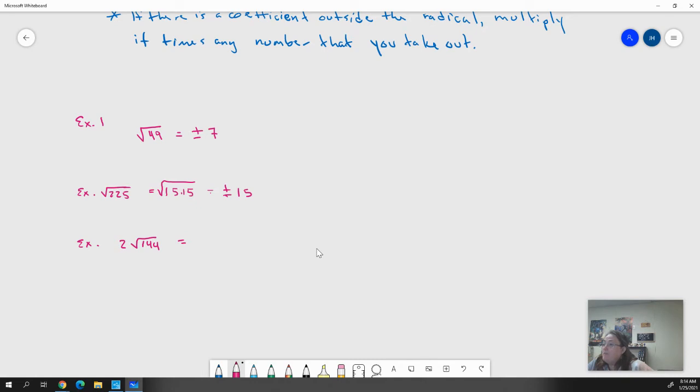But we've got to remember that we have this 2 here. So it's going to be 2 times plus or minus 12, right? 144 is 12 times 12. So that means I'm going to have either positive or negative 24, right? We've got to remember to multiply this 2 times it.